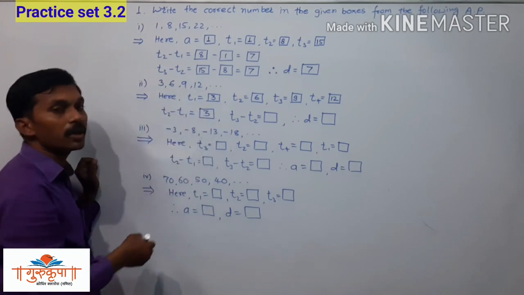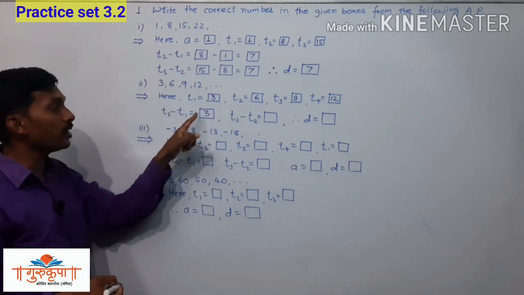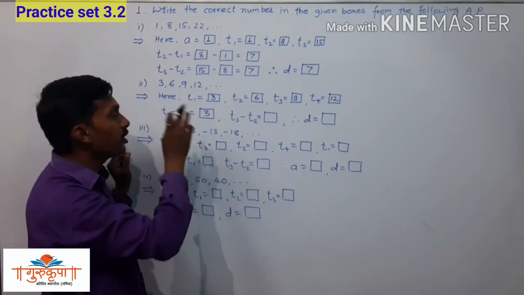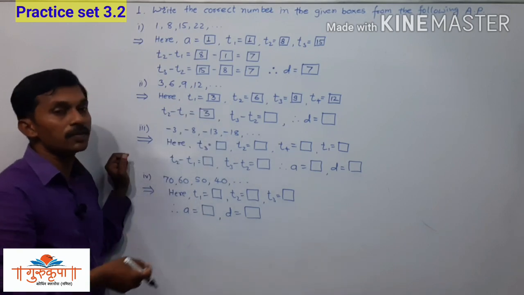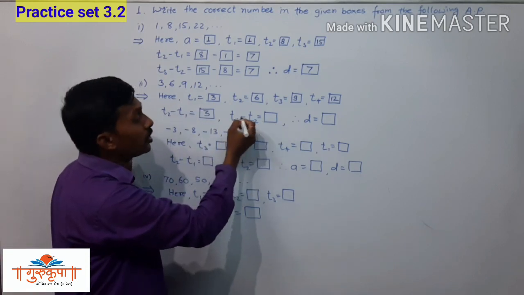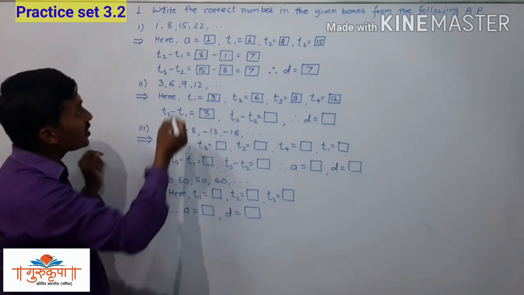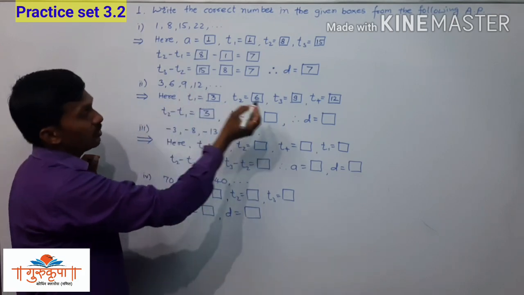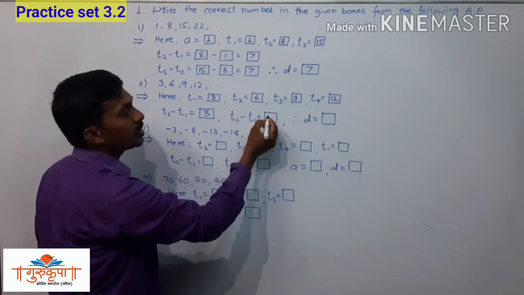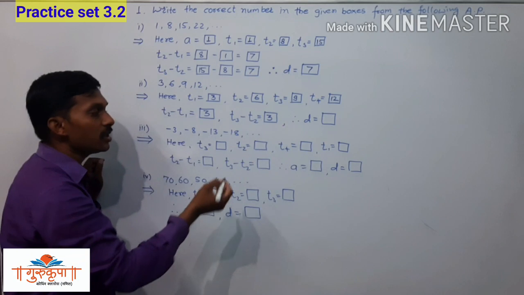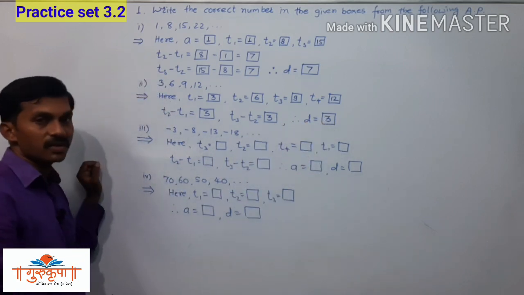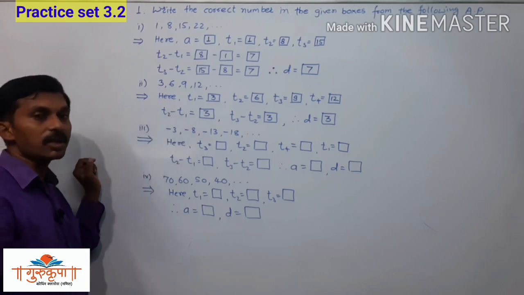Here also we write the direct difference, T3 minus T2. T3 is 9, T2 is 6, 9 minus 6 is 3. So D is equal to 3, the common difference is 3. So this is all about the second example.